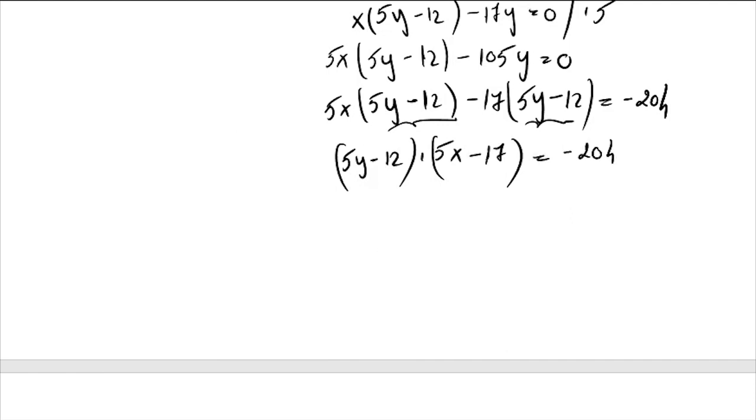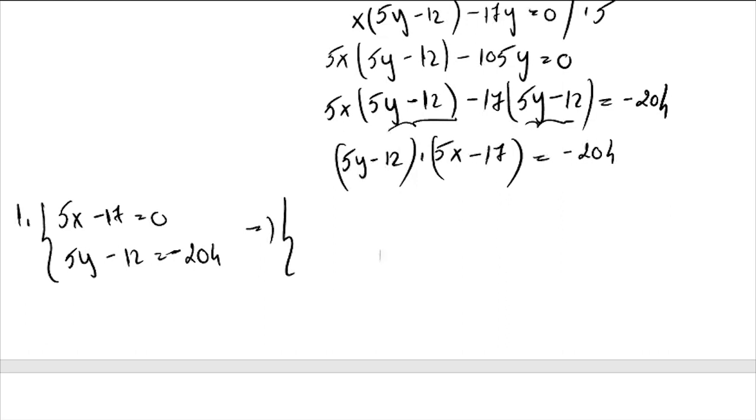Now we have several cases. Case 1, when 5x − 17 equals 1 and 5y − 12 equals −204. It results that x equals 18/5 and y equals −192/5.